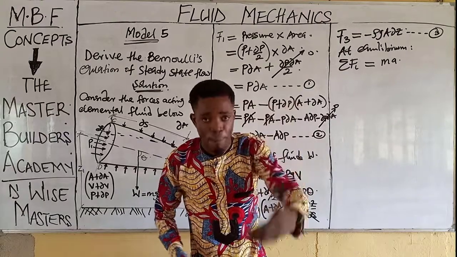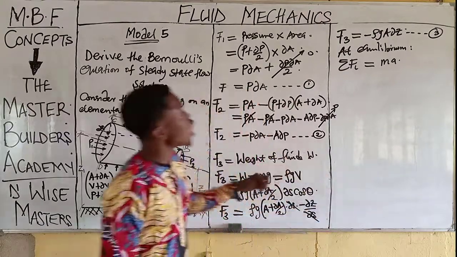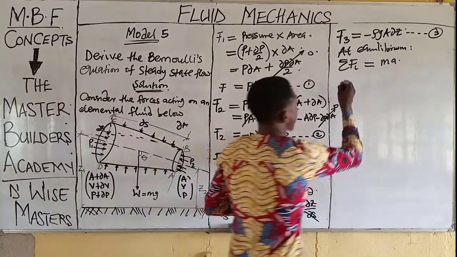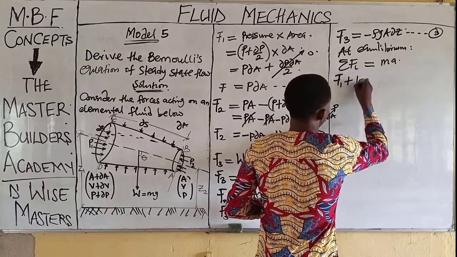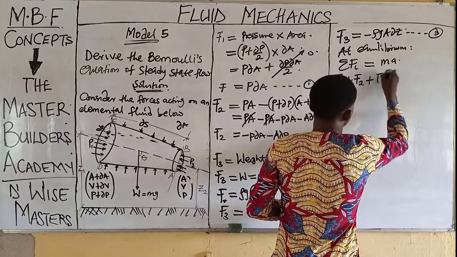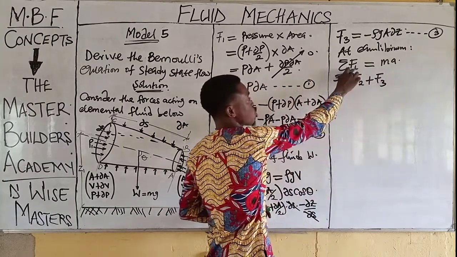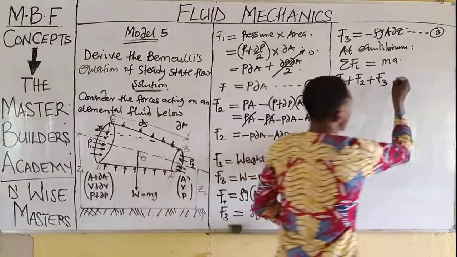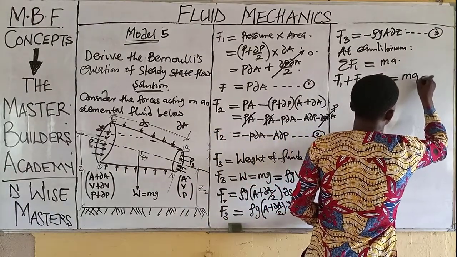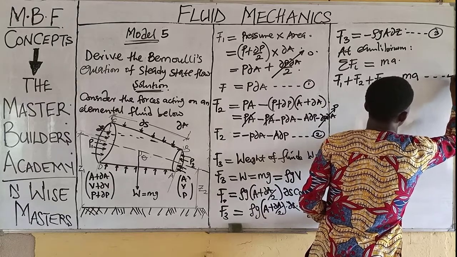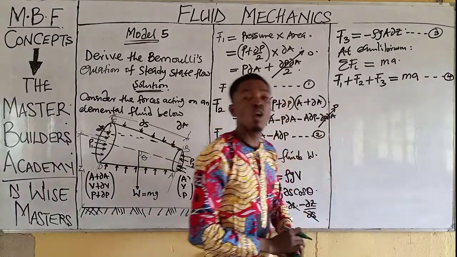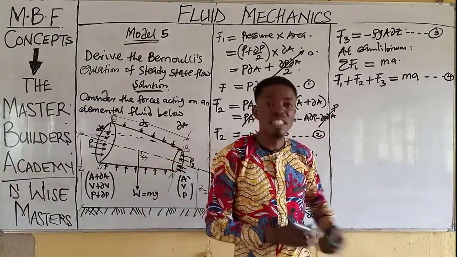Now, what is M? What is A? We have already obtained that the sum of all has given us F1 plus F2 plus F3. This is the interpretation of the summation of all the forces is equal to MA. Let's call this equation 4. What is M and what is A?